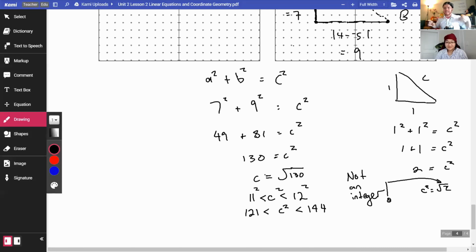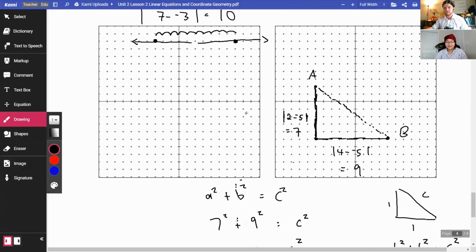Where were we though? Ah, yes, let's generalize this formula. I'll use this space right here that hasn't been used. Let's say I'm given some arbitrary point, (x1, y1), and another arbitrary point, (x2, y2). How do we find this distance?